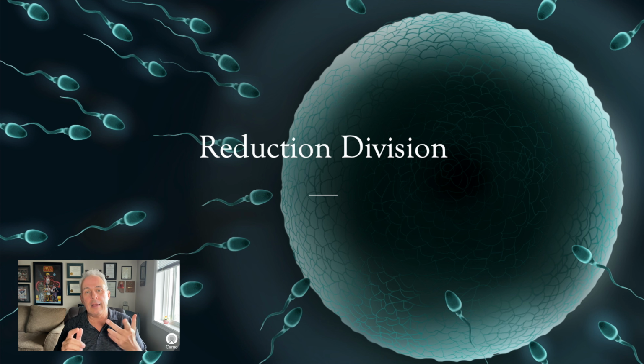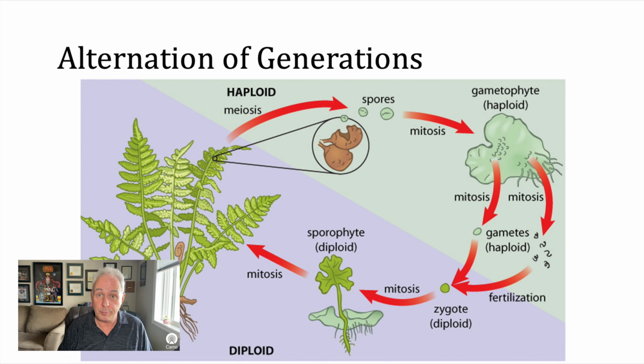Now, you'll certainly see many questions on life cycles, particularly the alternation of generations life cycle. Diagrams are going to vary, but basically a diploid organism will produce gametes by meiosis, and a monoploid organism will produce gametes by mitosis.